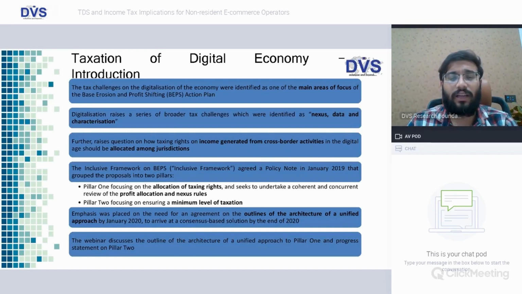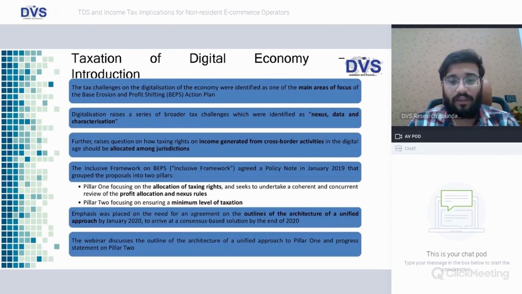Again, there was the taxation of digital economy, a two-pillar approach, as we have mentioned earlier also in the introduction. OECD came out with a two-pillar approach whereby transactions in the digital economy would get taxed. Pillar one talks about the profit allocation and nexus rules, and pillar two talks about the minimal level of taxation.